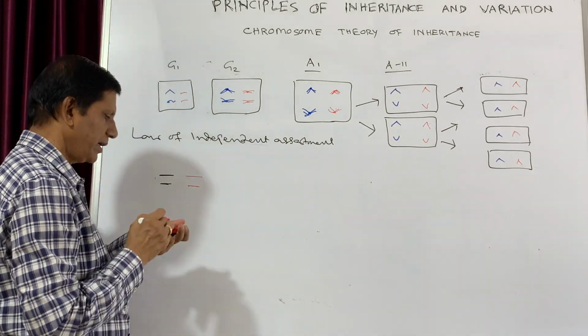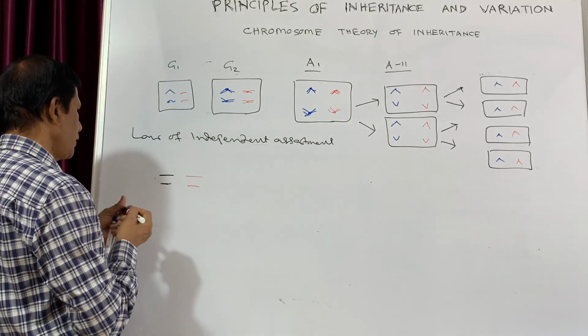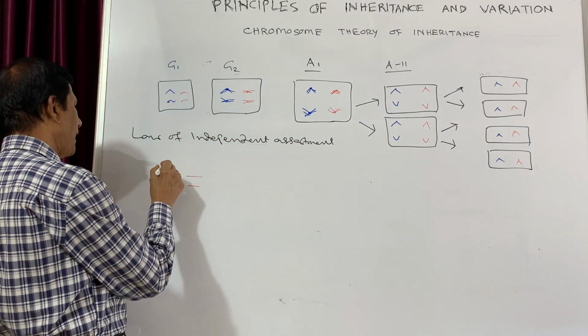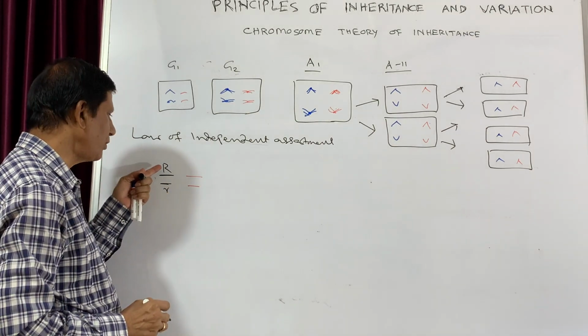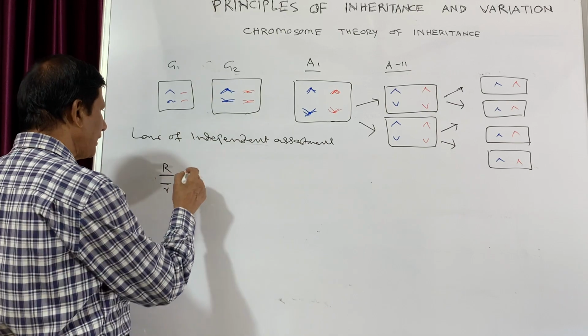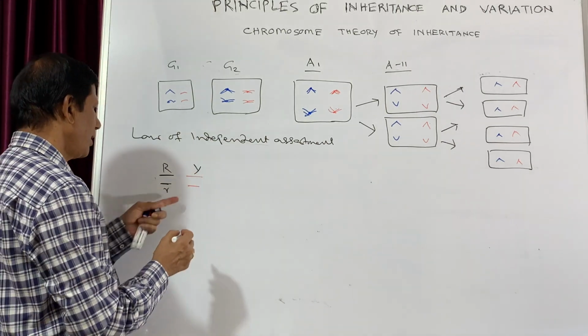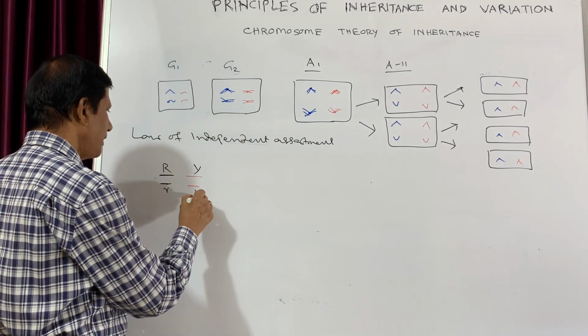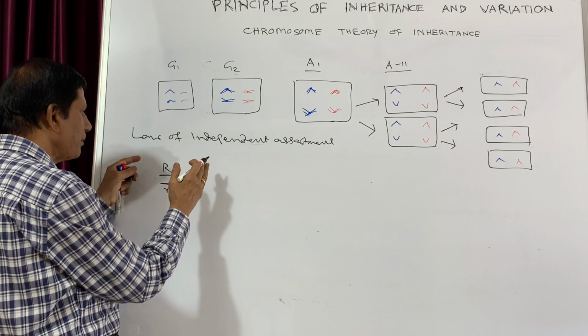Suppose in one chromosome, capital R is there, and small r, that means round and wrinkled. And in this case, suppose the color yellow, and here white is there. Now this is one chance.